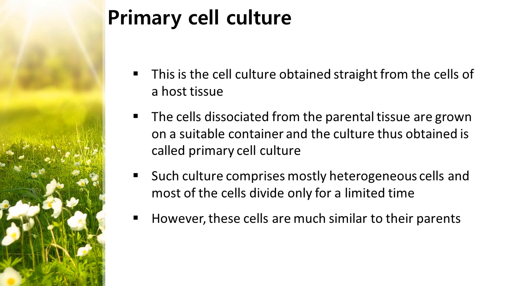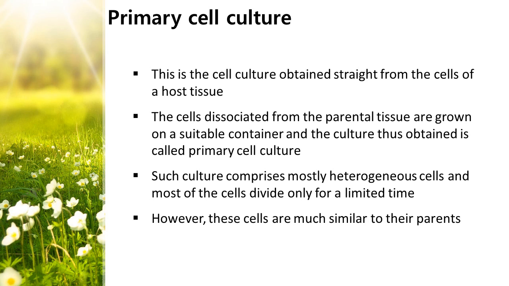Here the cells are disassociated from the parental tissue. After disassociation, these cells are allowed to grow on a suitable container. Initially we separate the cells from the parental cells, or the host cell, and allow them to grow on a suitable container.